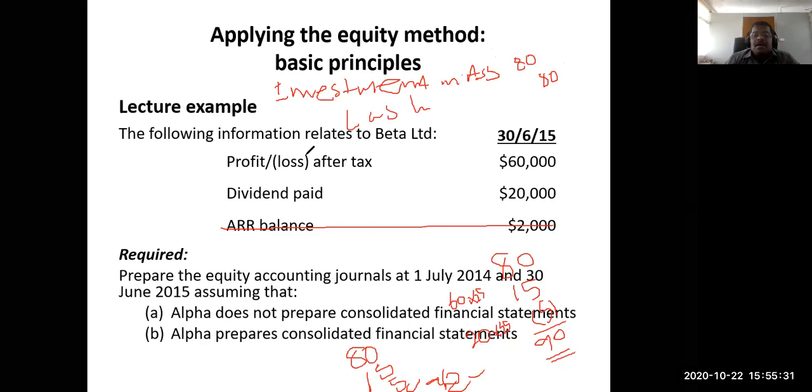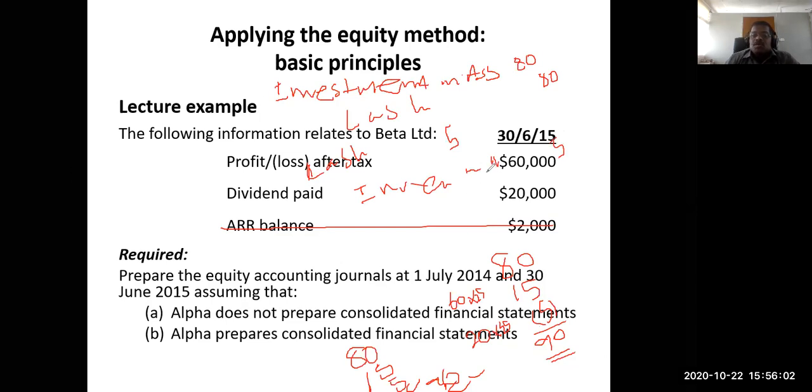And dividend: cash debit, how much? Dividend is 5 rupees, and investment in associate credit 5 rupees.